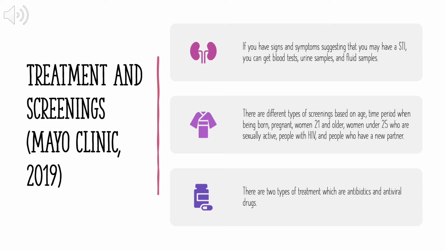When you're pregnant, there's a different type of screening because you want to make sure that your baby is going to have the healthiest birth. If you don't know if you have a sexually transmitted infection, that could definitely put your baby at risk for potential death.